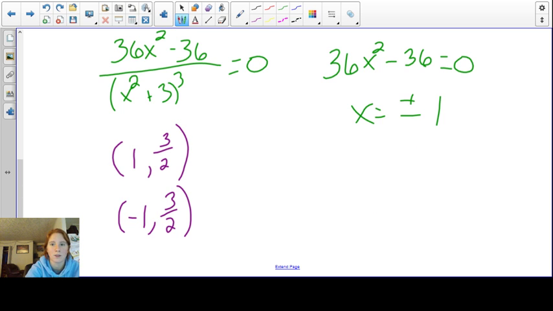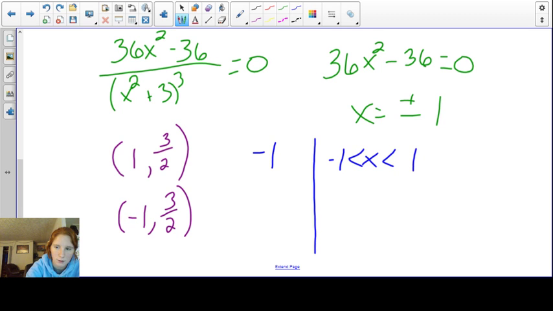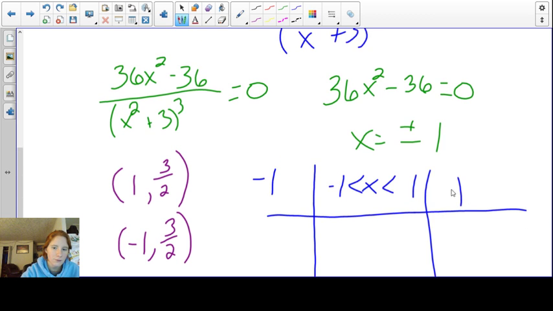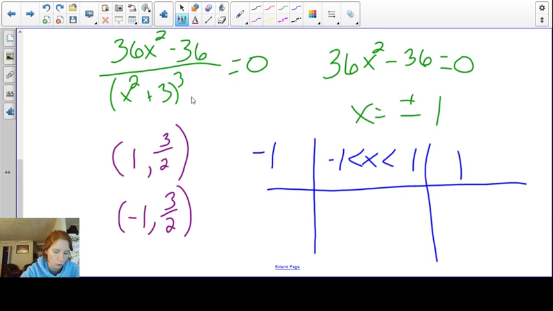So now I'm going to take a look at my concavity. So I'm looking at negative 1, negative 1, 1, and 1. When I plug in a value smaller than 1 into my second derivative, which is right here, I should get a positive answer, so I should be going up.